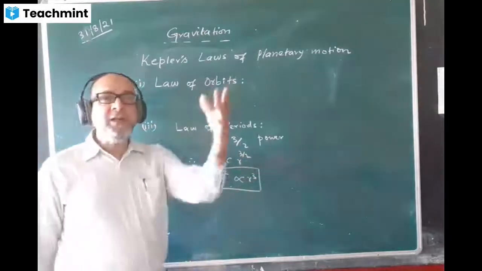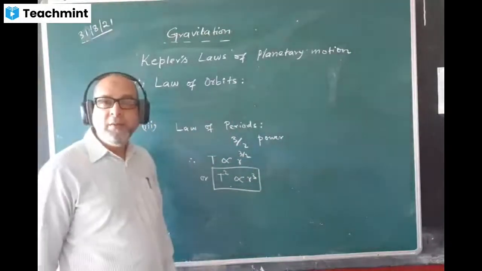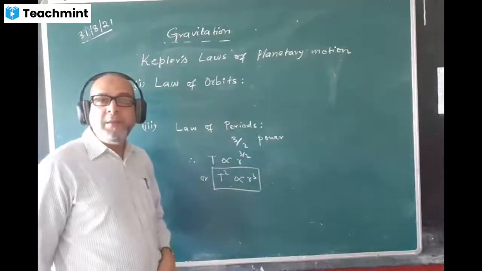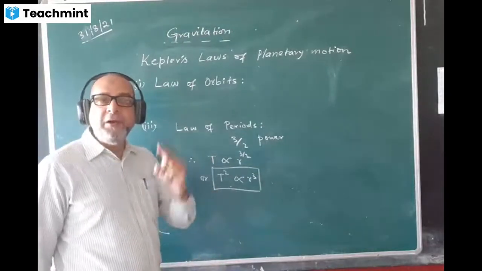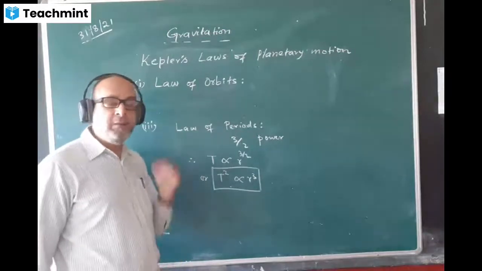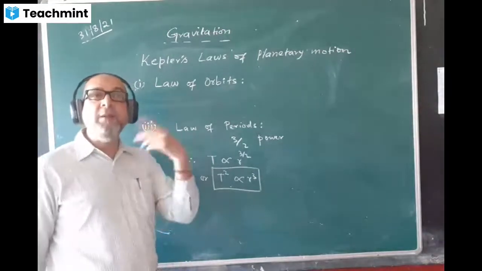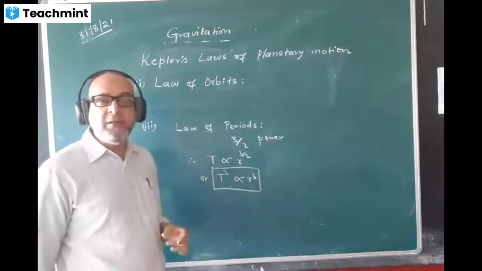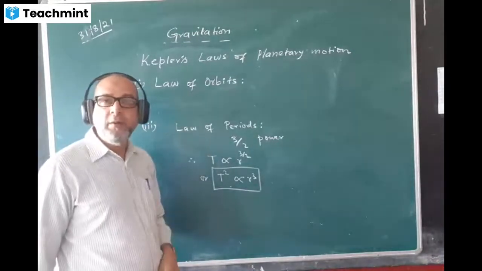The longer the distance of the planet from the sun, the longer the duration of the year. If the planet is closer to the sun, the duration of the year will be shorter.